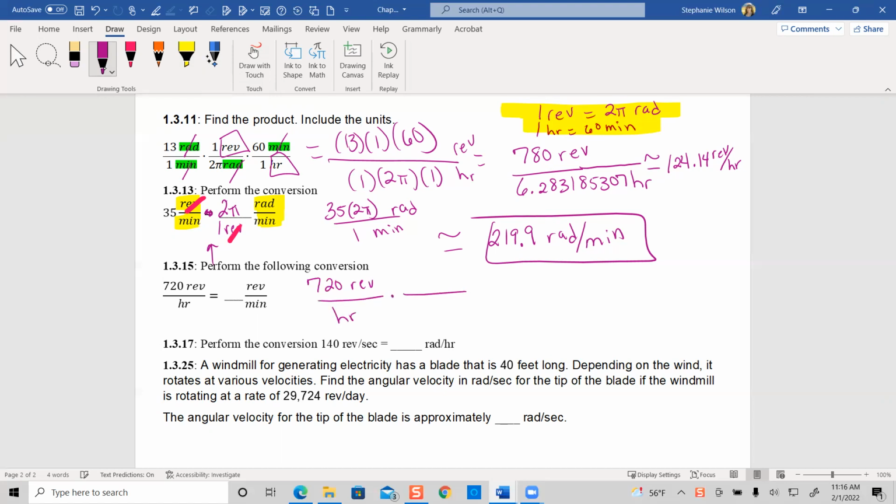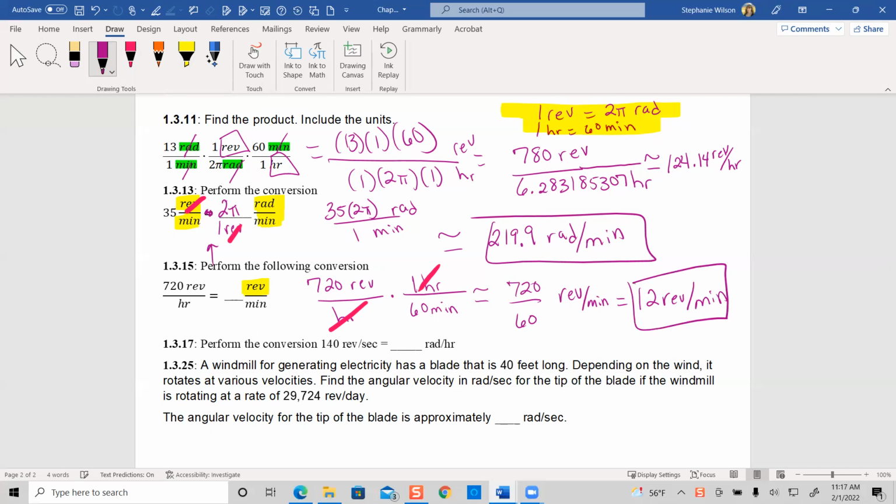I'm going to do the hours and reduce it to 60 minutes. That's something we already know. And it's in revolutions, which is what we wanted, so we don't have to add another conversion. It worked out great. Let's reduce the hours and do 720 divided by 60. And always reduce your answer, always, always. This just so happens to reduce nice and pretty.